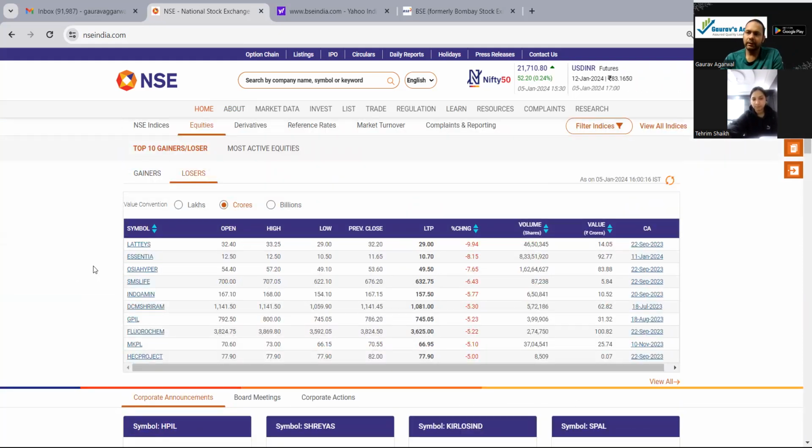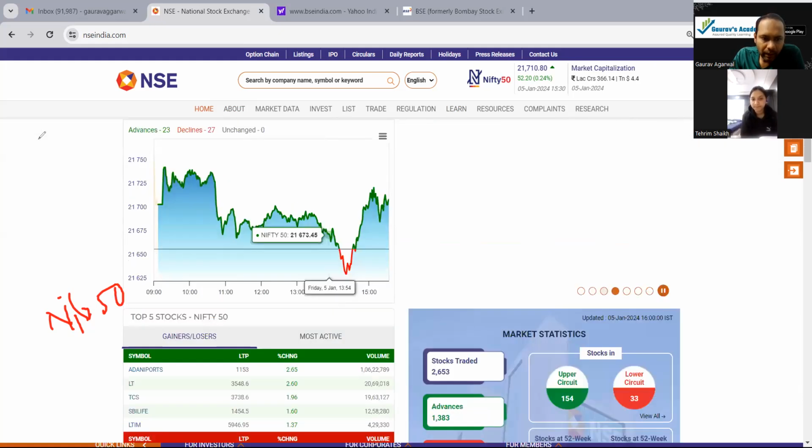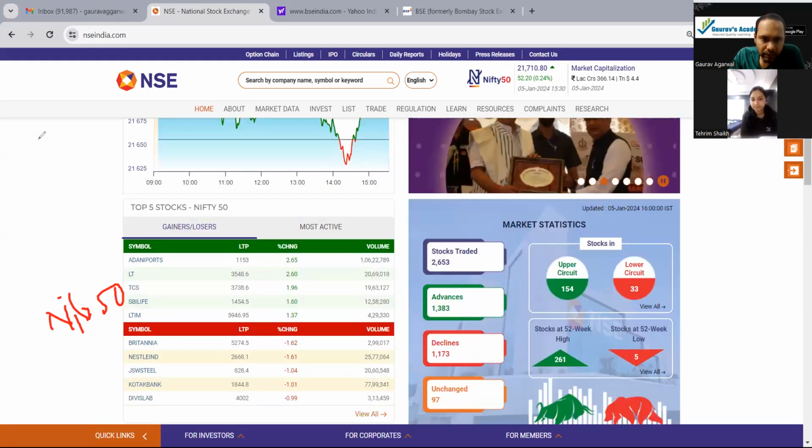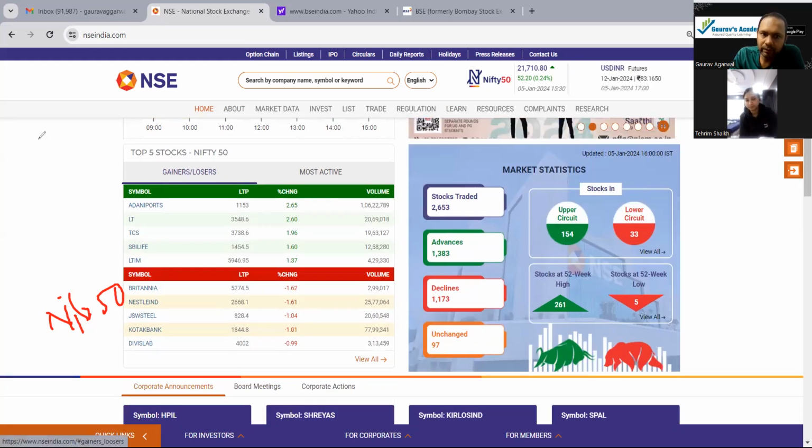Okay. And see Nifty 50, right? Why do you think it has a name called Nifty 50? Why is 50 there in that? Because there are 50 stocks which are a part of Nifty. Okay. I will tell you what all stocks are there, right? Here you can see the top 5 stocks of Nifty 50, the gainers and losers on that day.